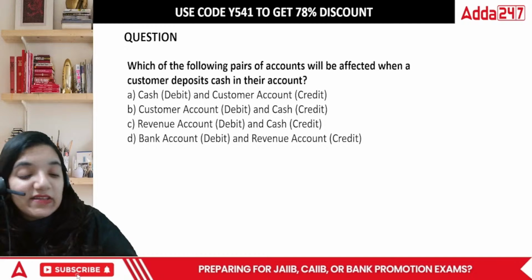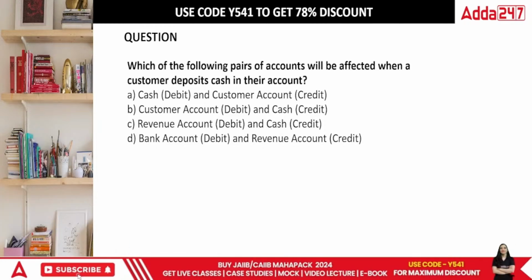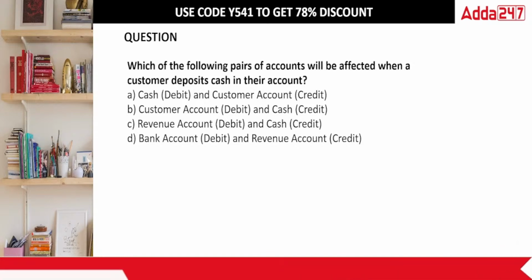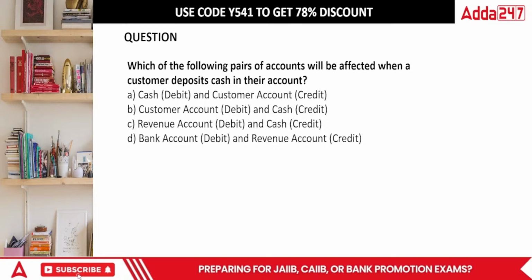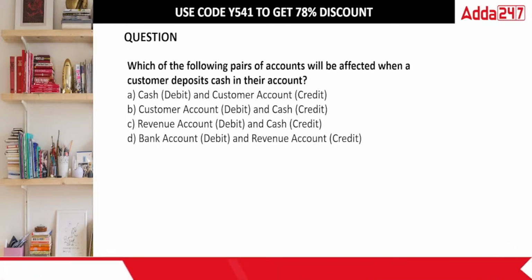Based upon this, everyone, let's begin with the questions. Done? Let's begin with it, everyone. What's the first question? The first question says: which of the following pairs of accounts will be affected when the customer deposits cash in their account?